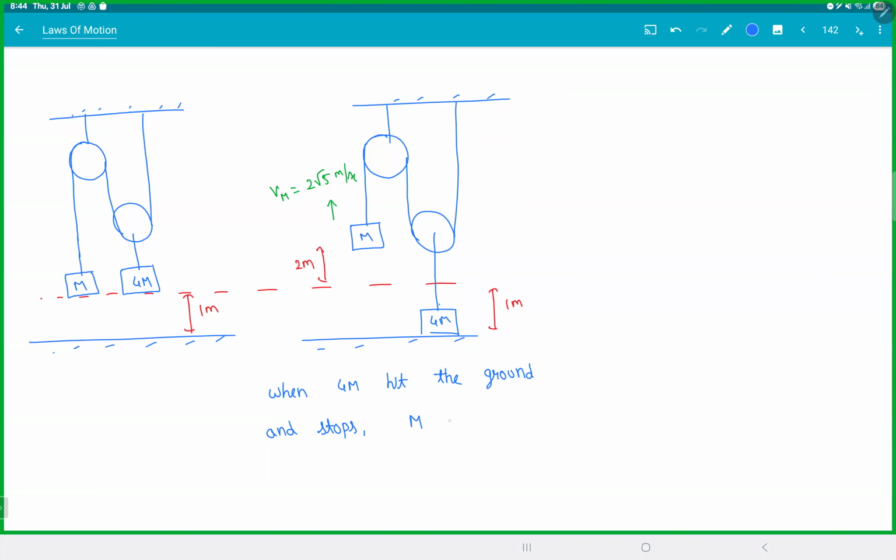M will continue with its velocity. The string becomes loose. It continues going upwards and the string becomes slack.